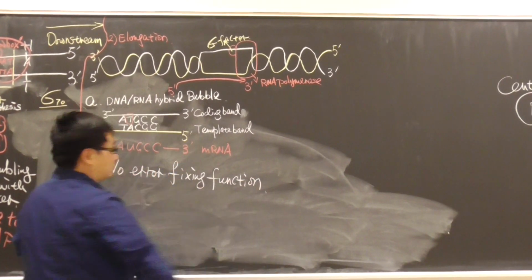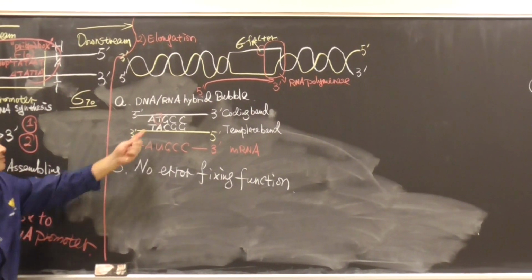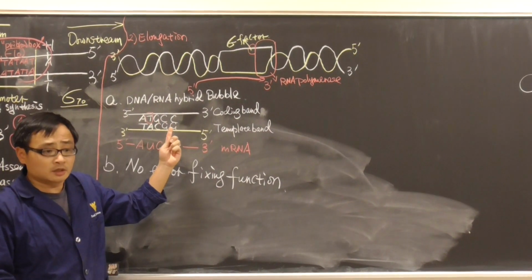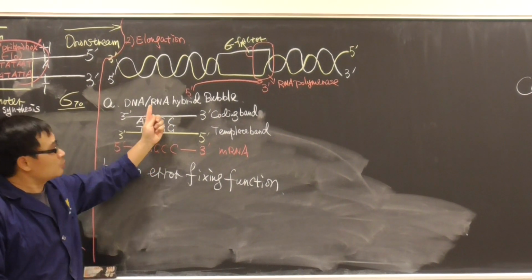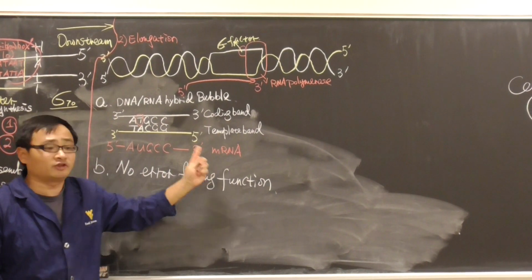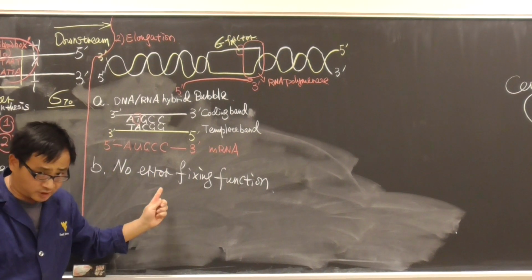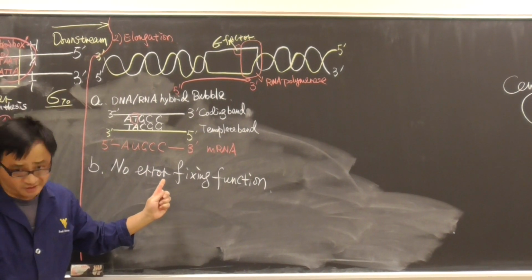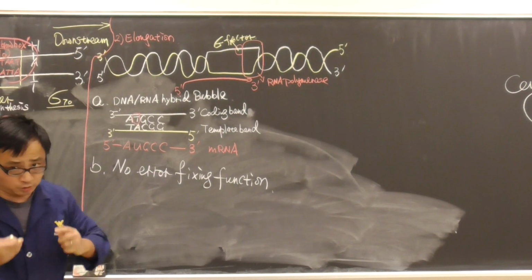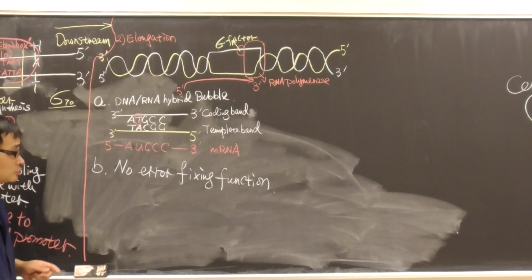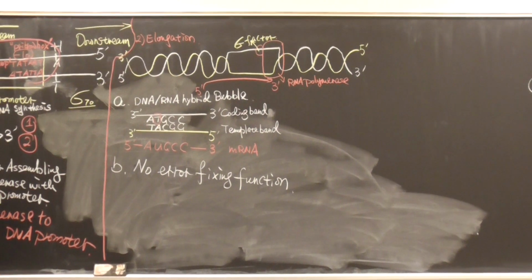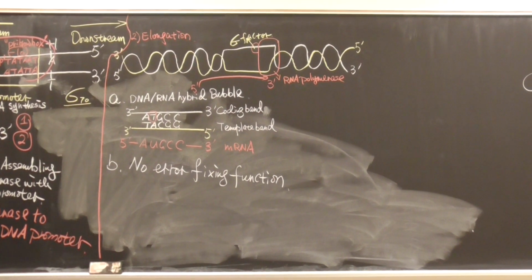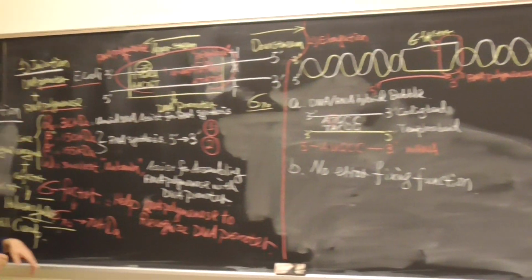So what is going to happen? If there is some mistake right here in the DNA, it will be carried to mRNA. At the end of the day, it will become a protein. It could cause molecular disease. That's what is mentioned in your textbook. I just want to make sure there is no error fixing function here. It's very unfortunate.